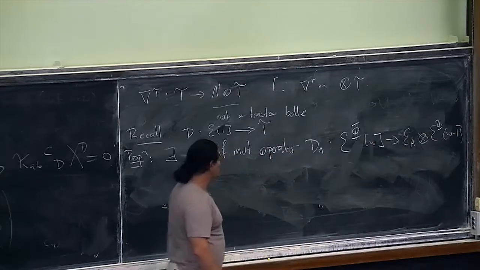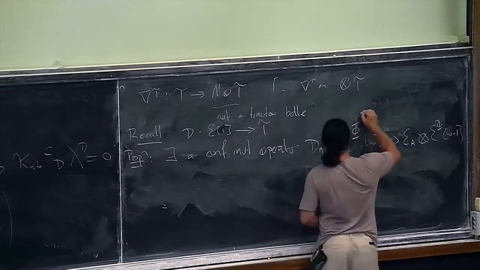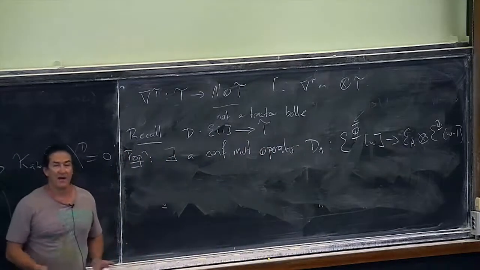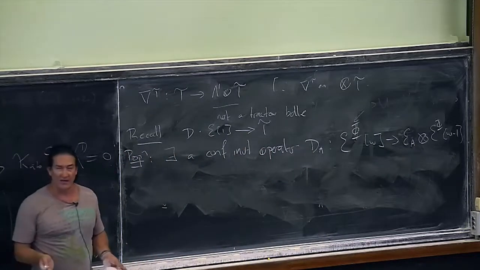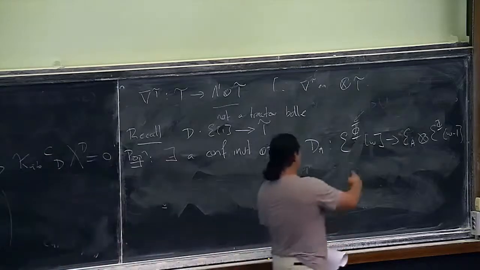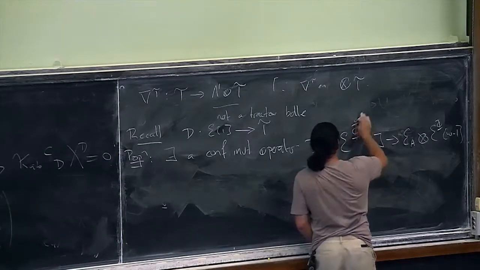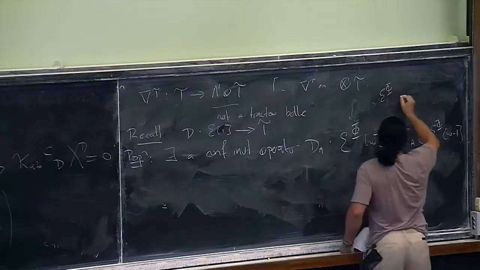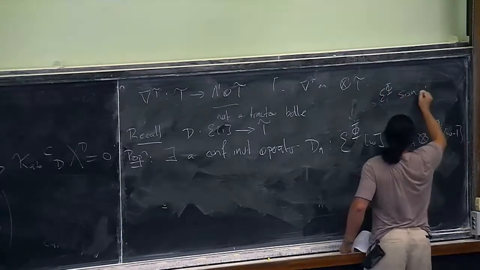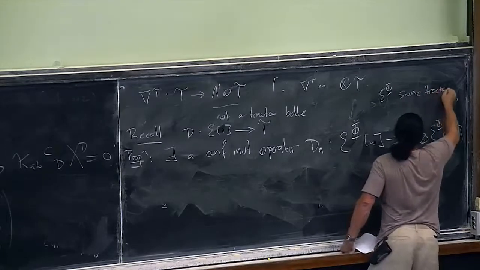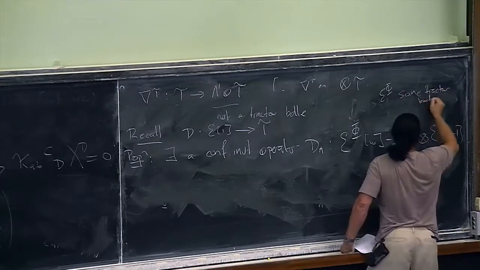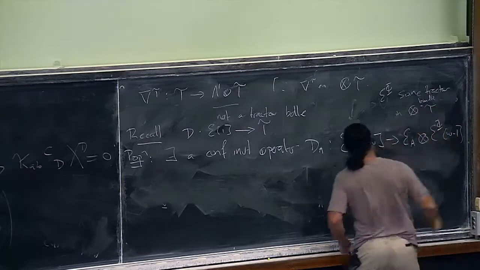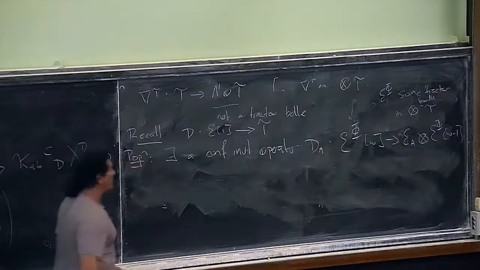Okay, so what's this notation here? I'm using this uppercase Greek index to mean perhaps a collection of tractor indices. This is some tractor bundle in some tensor power of the tractor bundle or its dual or combinations thereof.